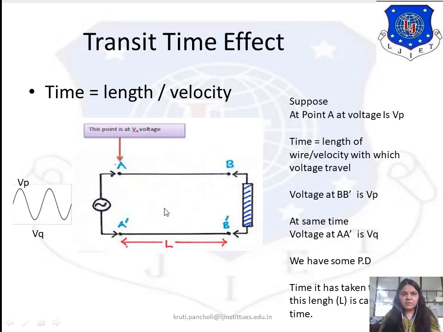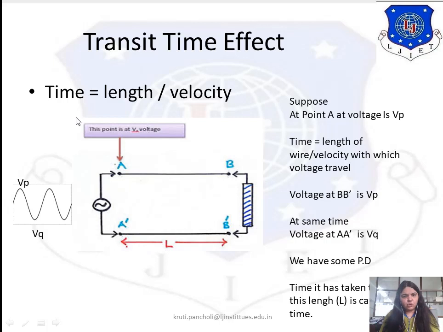This is the diagram. Here this particular signal wants to travel from point AA dash to point BB dash. The length of the wire is L. At this point initially the voltage is Vp. It wants to travel the distance L, so it will take some time to travel from AA dash to BB dash.